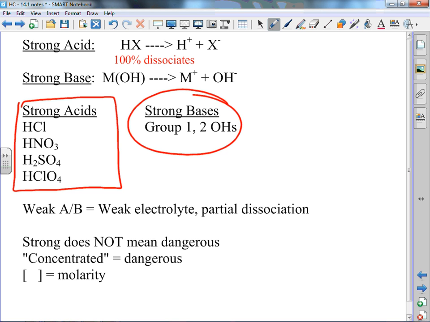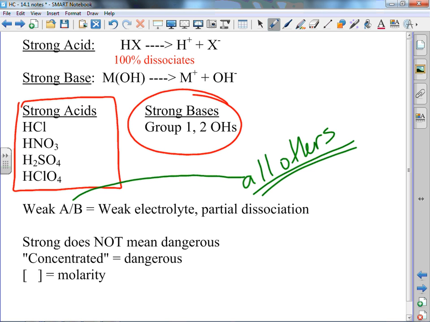These are the strong bases. Every group 1 and group 2 metal will dissociate 100% of the time. All others, as far as we're concerned, are weak.